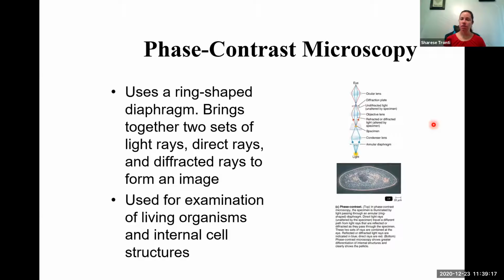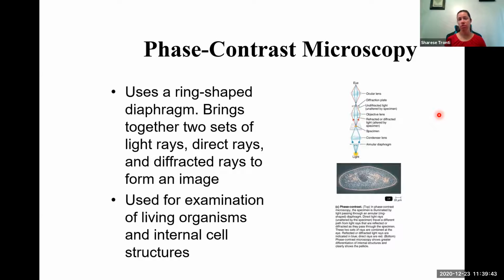We have phase contrast. And so now we're adding the annular diaphragm, or a ring-shaped diaphragm. That's going to create direct rays and diffracted rays. So by having both direct and diffracted rays, that's going to allow us to look inside the organism better.